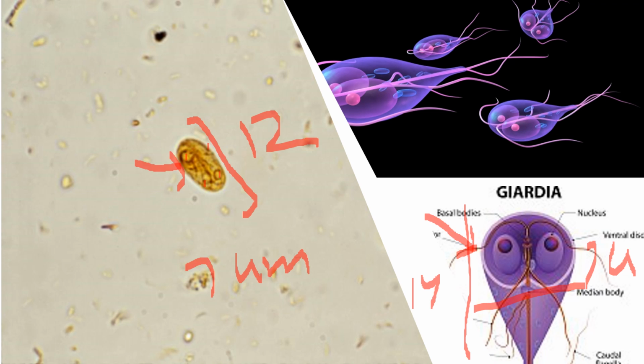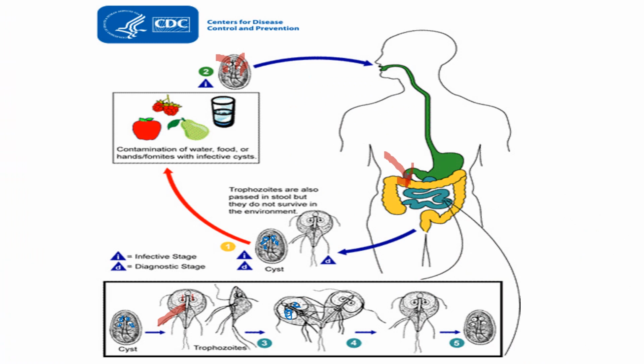So now we are coming to the life cycle of the trophozoite. In this slide, you can see how we get the infection of Giardia. The Giardia cyst can enter our body through contaminated food, either eatable items or water, or any contaminated surface.